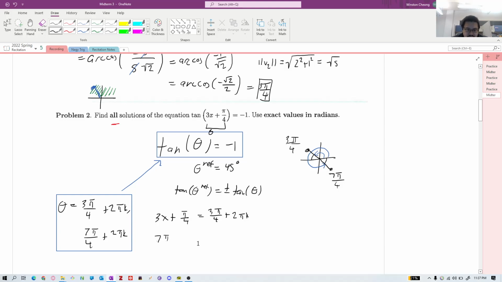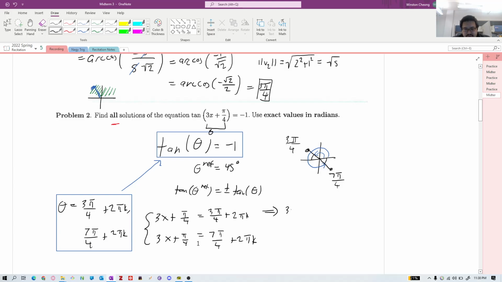Theta equals, sorry, I should replace the theta first: 3x plus pi over 4 is equal to 7 pi over 4 plus 2 pi k. So we have these two equations that we now solve for x, because our answer should be in terms of x.